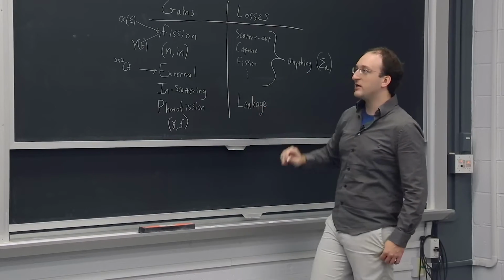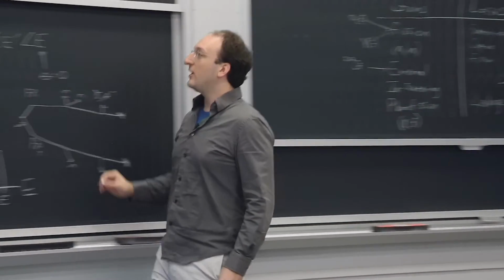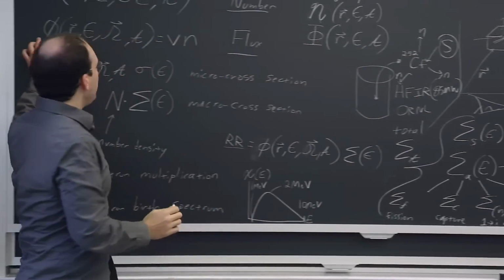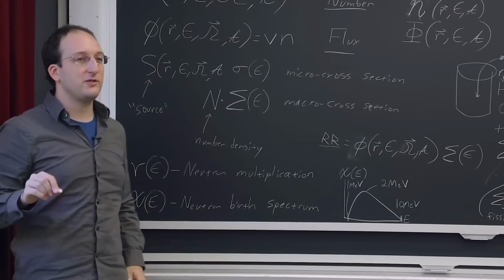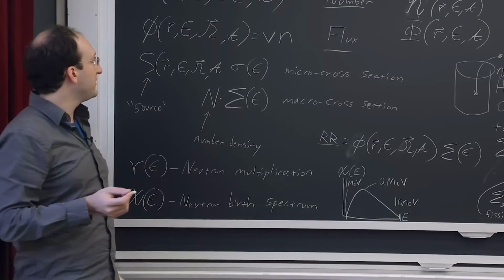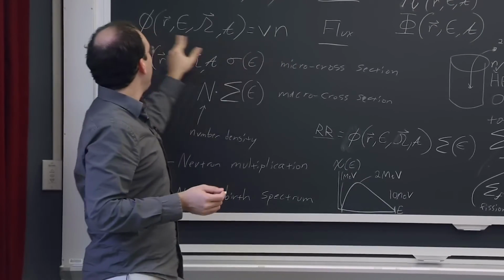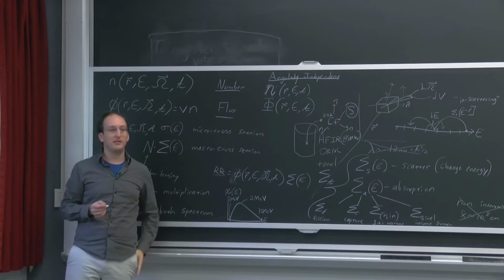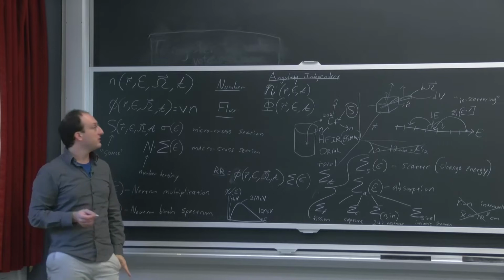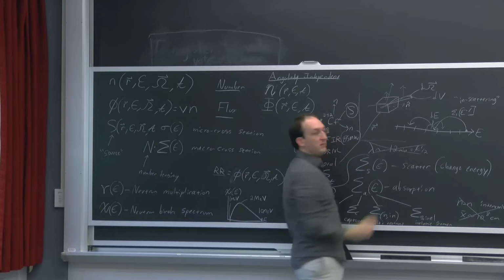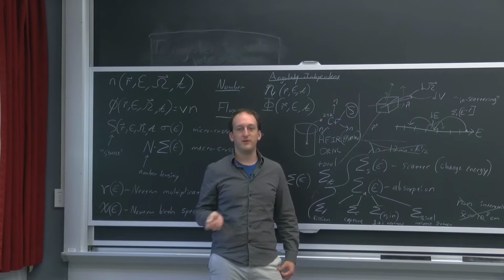Because every neutron's got a speed, like we showed up here, where the flux of neutrons, the number of neutrons moving through some surface per second, is just their velocity times the number that are there. For there to be a neutron flux, there has to be a velocity, which means the neutrons are moving. So the neutrons, even without undergoing any reaction, could just move out of our control volume, and then they're gone.